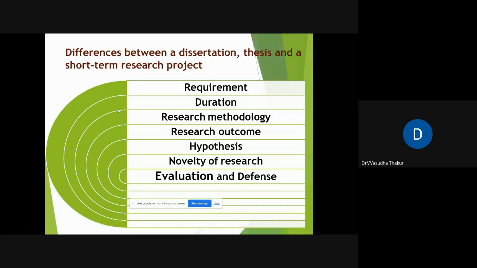Research outcome: yes, it is outcome oriented research which is submitted in the form of a thesis to the university. In the short term also, it plays a prominent role. In fact, short-term research projects are taken up only for the purpose of some targeted outcome.